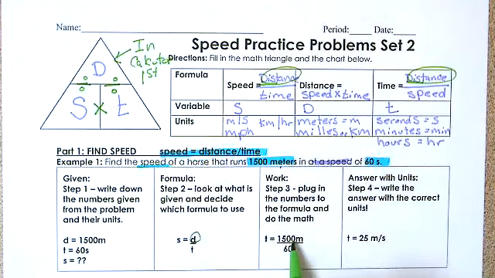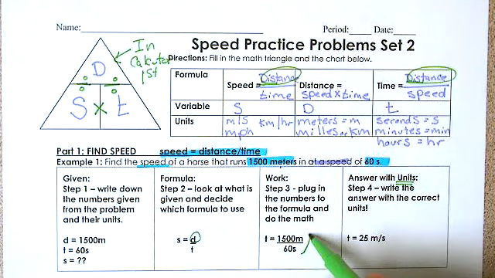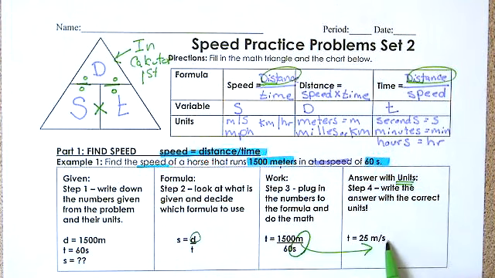Okay, so 150 divided by 60. When you plug that in your calculator, you're going to get 25. Now we need to show our units. That's why it's important to put our units over here. So M over S is right here, M/S, meters per second.